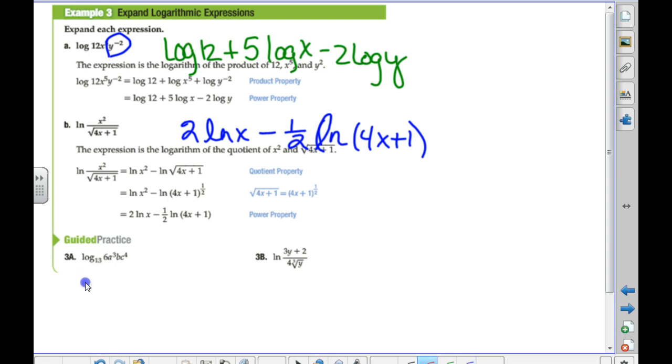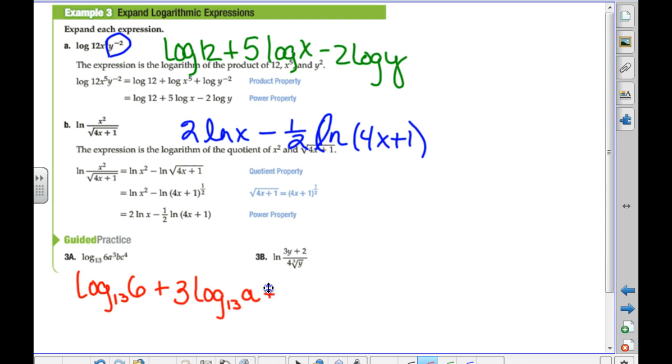All right, who's got 3A? I don't know why they use log base 13. That's just evil that we have to write that out like 3 times. But log base 13 of what? Actually, no, because the 3 is only on the A, and we got to get rid of that 6 first. So it's log base 13 of 6 plus 3 log base 13 of A. Then what, guys?